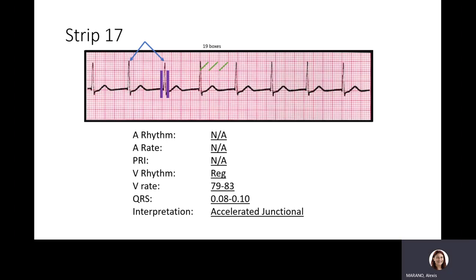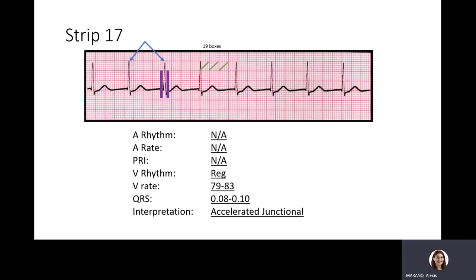Strip 17. For strip 17, there are no P waves, so your atrial rhythm, rate, and PR interval are all NA. Your ventricular rhythm is regular. Your QRS complexes march out. So we get 19 small boxes from R to R, which gives us a rate between 79 and 83.